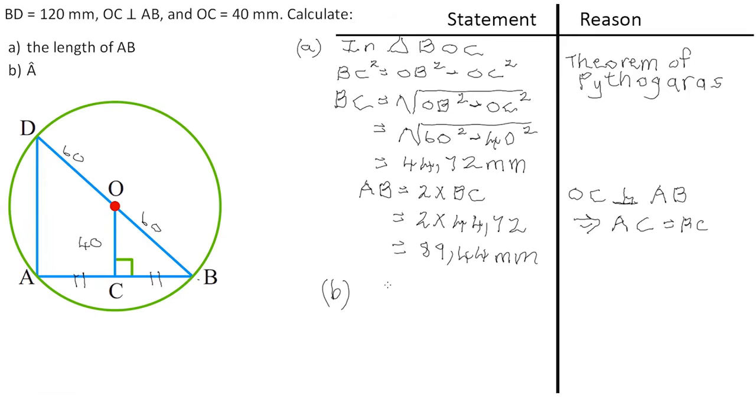Therefore, angle A will be equal to 90 degrees. Here you can write it in any way: you can say angle in a semicircle, or angle subtended by the diameter. Let's say angle in semicircle.